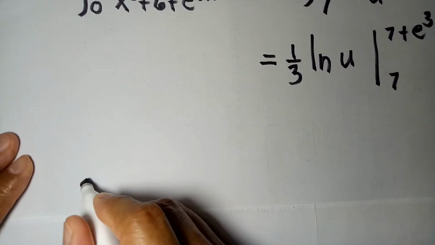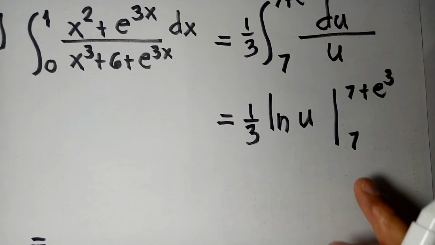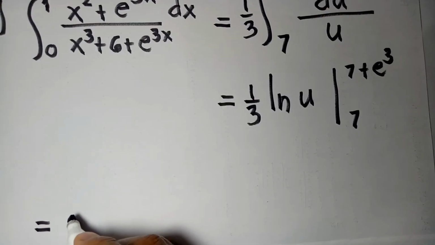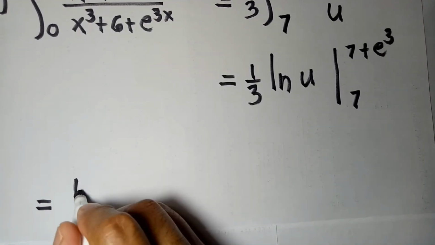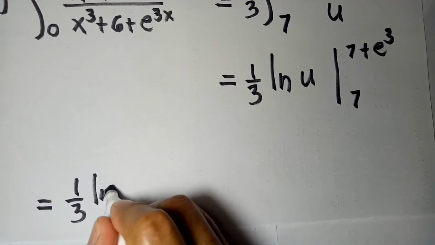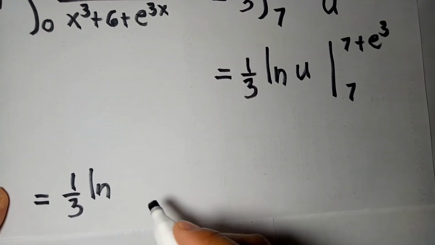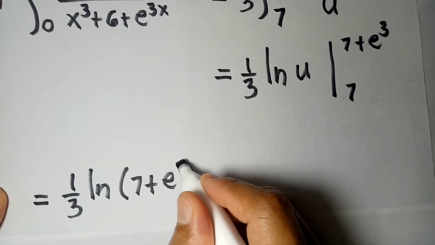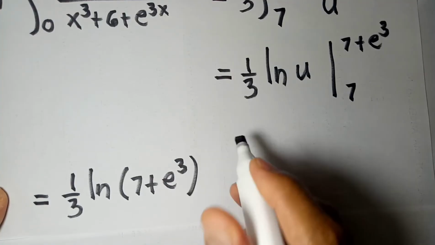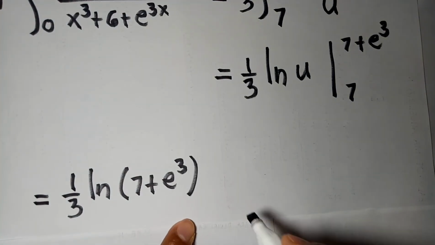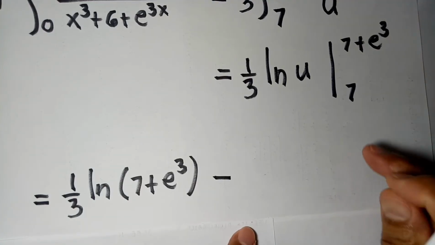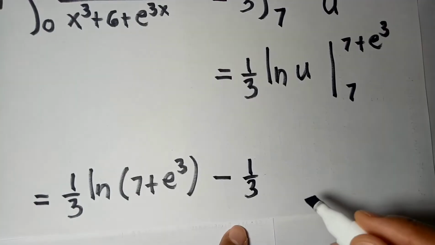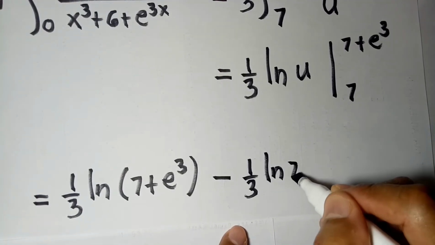So when u is 7 plus e cubed, we will have 1/3, no? 1/3, and then ln of 7 plus e cubed. So this is our f of d. And then minus f of a, that is when u equals 7. No? So 1/3, and then ln of 7.